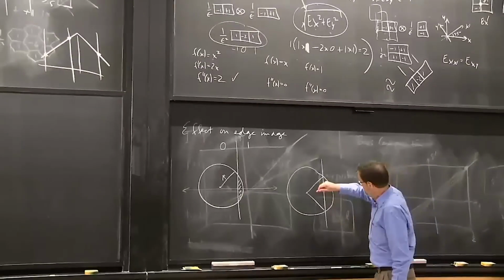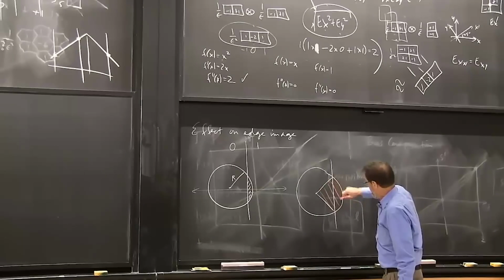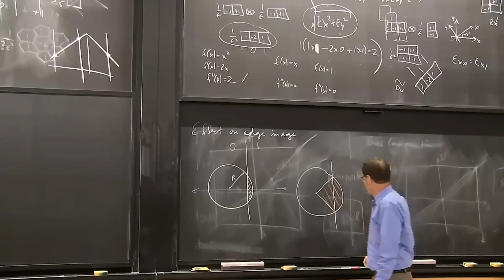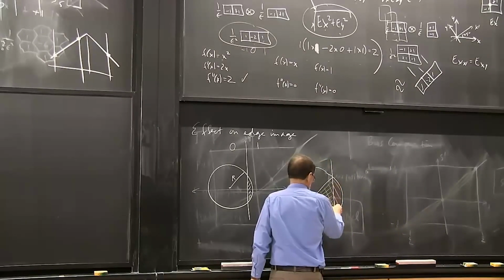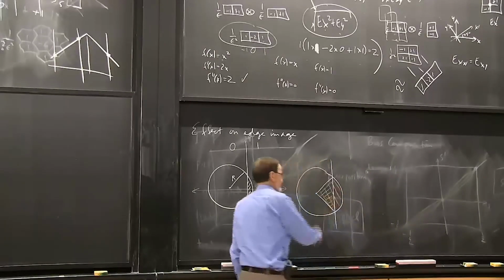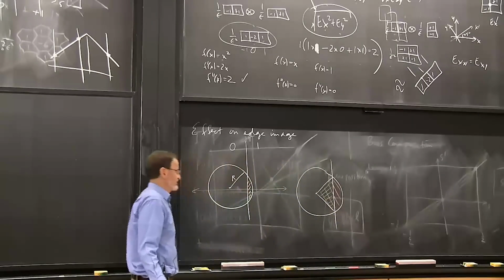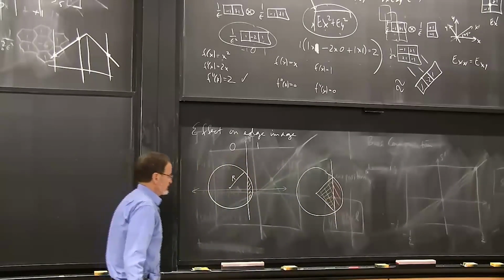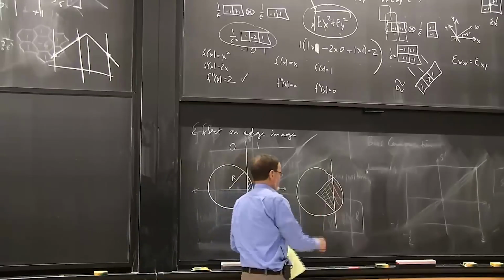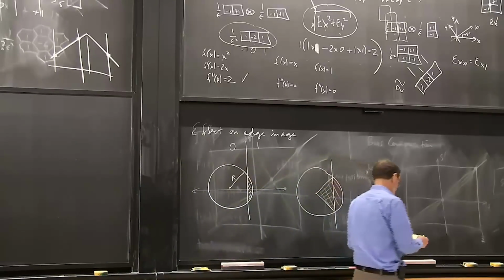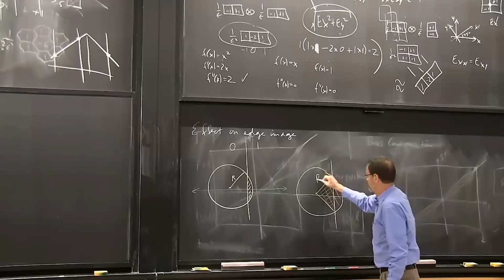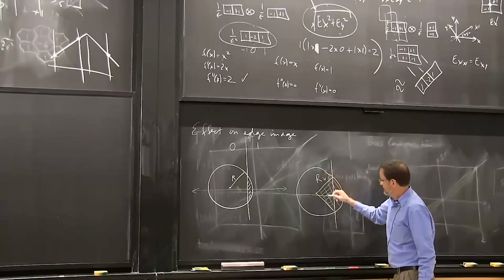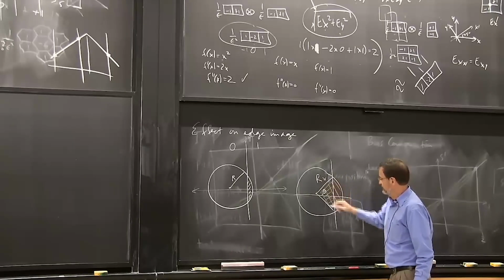So let me draw that here. That's the sector of the circle. That's the triangle I'm looking at. And it's obvious that the quantity I want is the difference. It's what's left over when I subtract that triangle from that area. So this is R, and I'm going to call this angle theta.